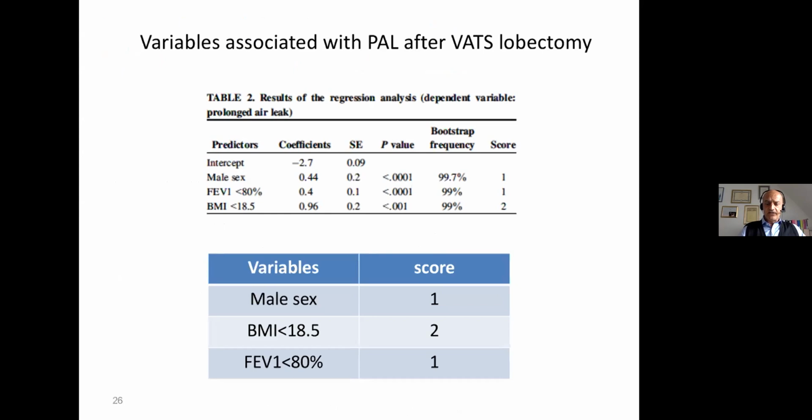You see here the variables that came out after logistic regression: the gender, a reduced FEV1 and a low BMI again. Not surprisingly, not different compared to scores developed based on open resection. And then the variables were scored proportionally based on their regression coefficient.